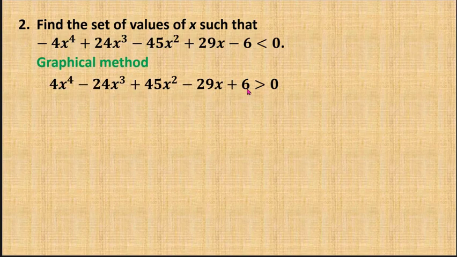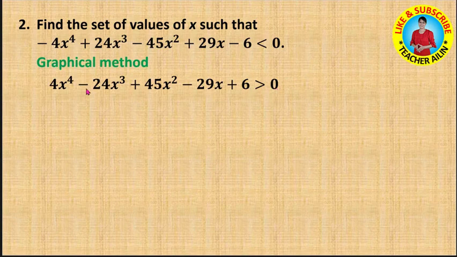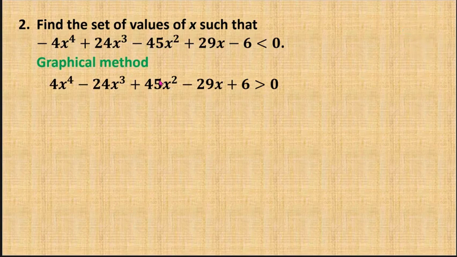If we do this, the inequality will change from less than 0 to greater than 0. This will reduce the chances of making mistakes in the following working steps. But it is alright if students prefer to continue without any changes.